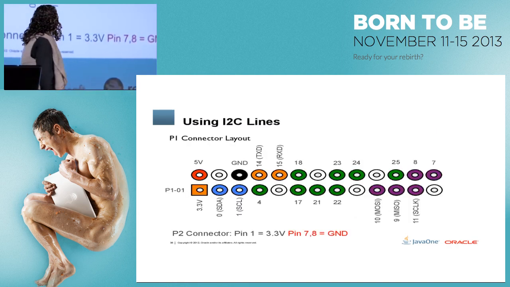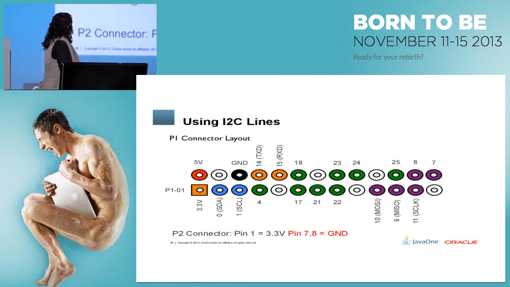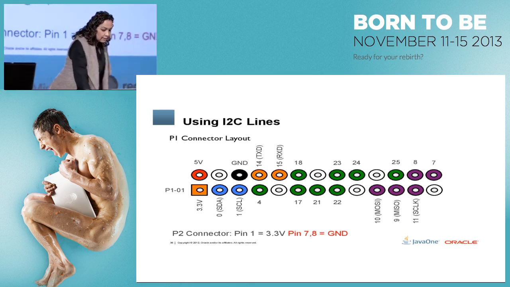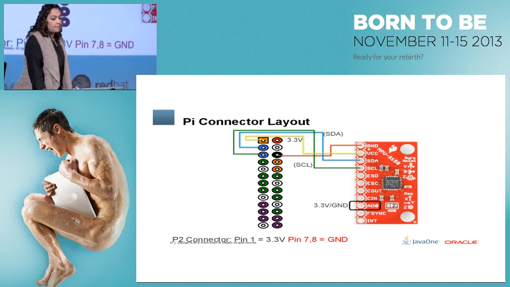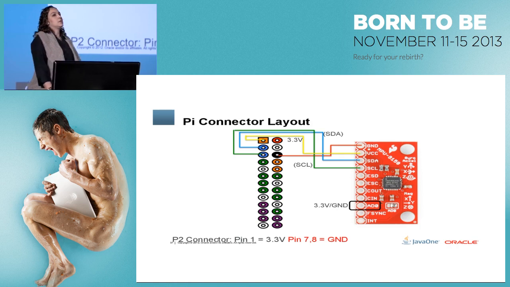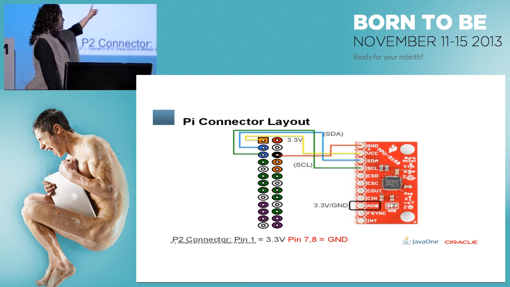Connecting things. As I mentioned, the blue pins are the I2C from the Raspberry Pi, so we have the data and the clock line. Again, you do not need the pull-up resistors that you normally require for I2C communication, because the Raspberry Pi already has those. So it's pretty much a one-to-one connection.